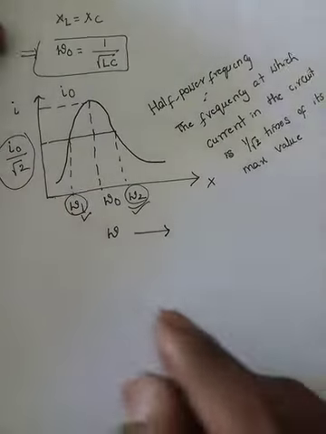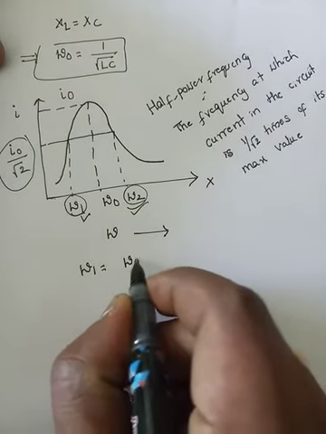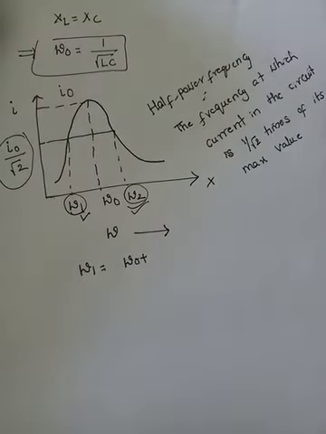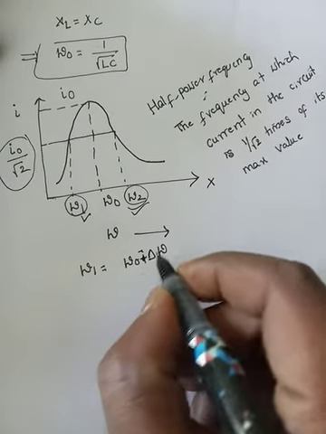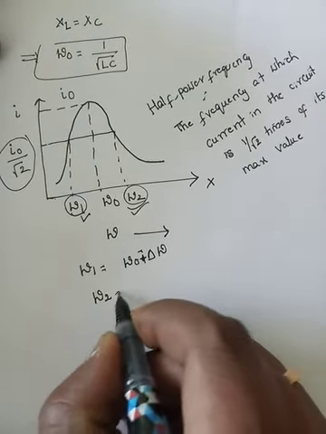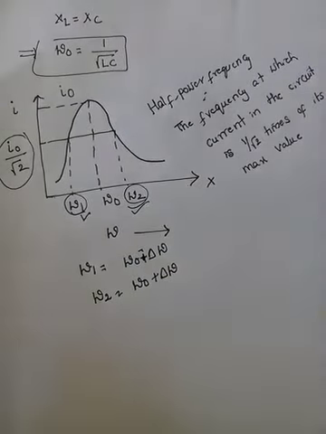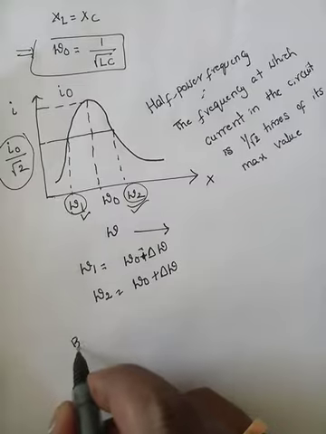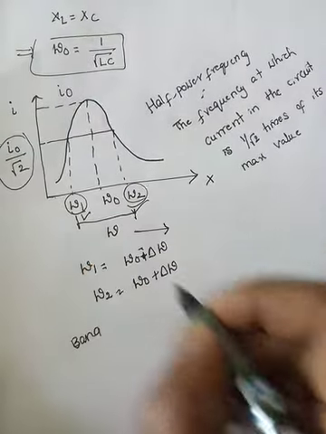What is omega 1? There is some bandwidth here, right? So, we can write omega 1 is equal to omega naught minus delta omega, and omega 2 is equal to omega naught plus delta omega. Then from this, what is the width of this band? This total width, right?